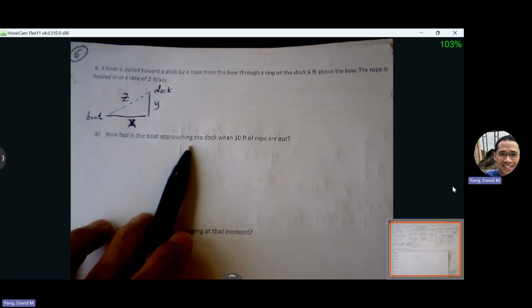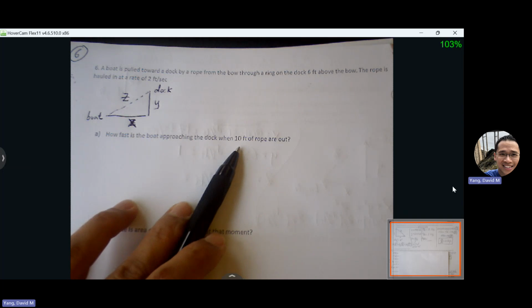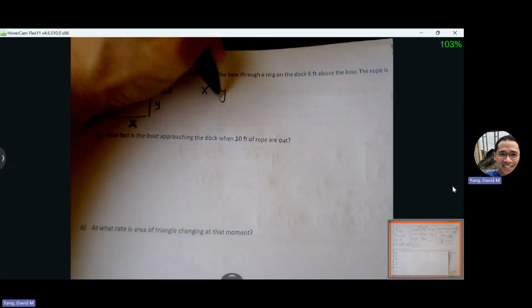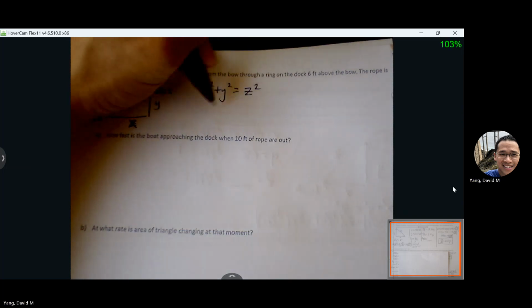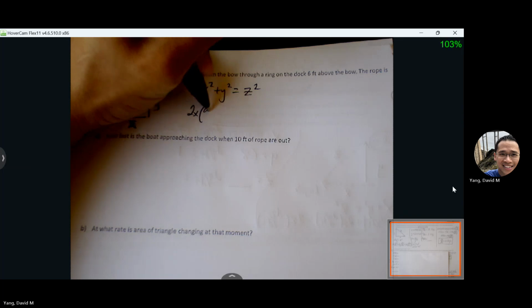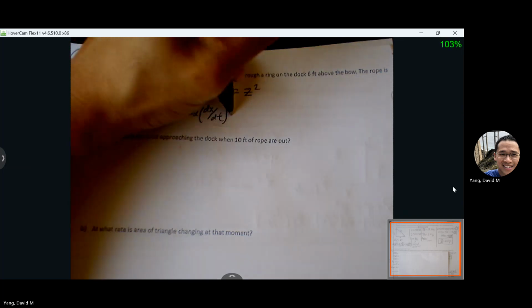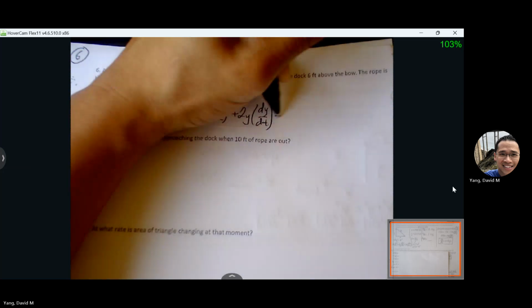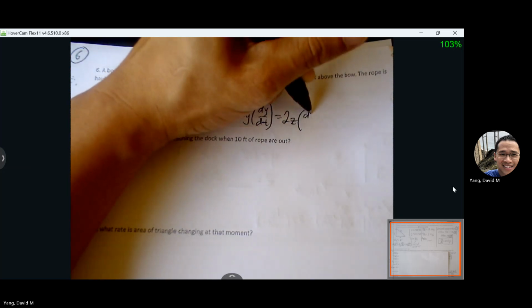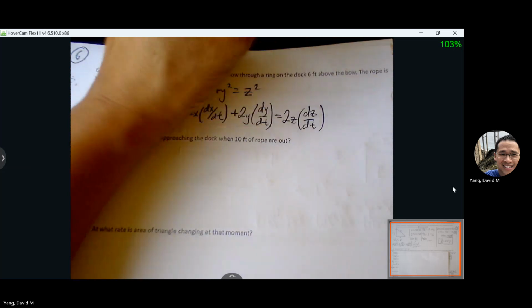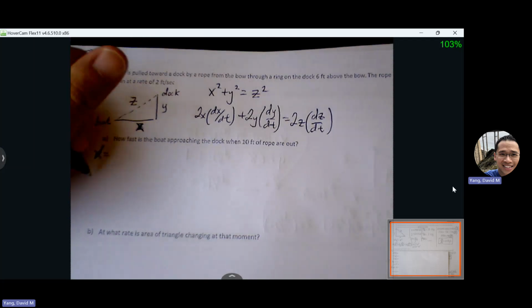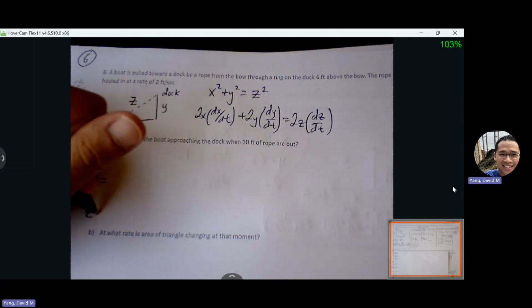How fast is the boat approaching the dock when 10 feet of rope are out? Okay, so Pythagorean theorem here, x squared plus y squared equals z squared. It's going to list out all the variables involved.